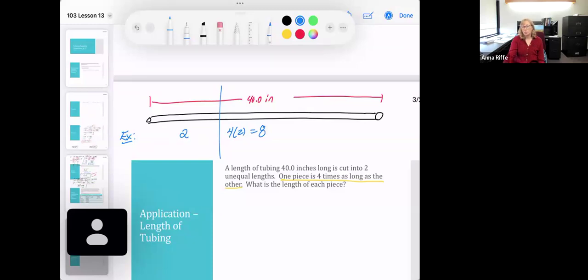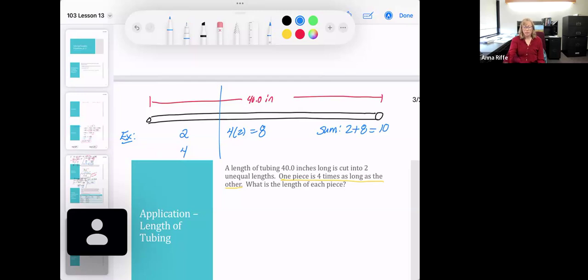We're told that when you put the pieces together, they should sum to 40 inches. 2 plus 8 is certainly not equal to 40. So this is not a good guess. Let's maybe try one more. Let's say that shorter piece is 4 inches long.